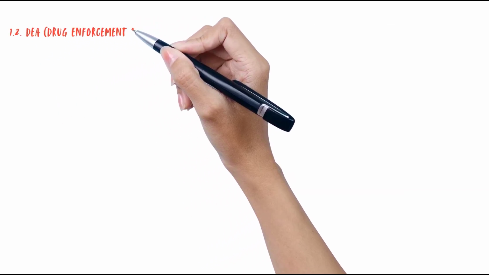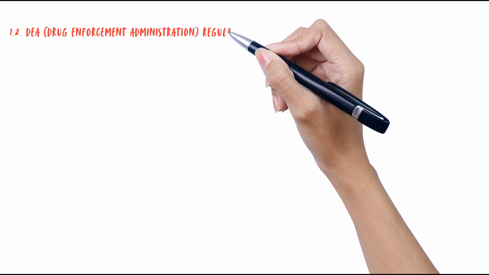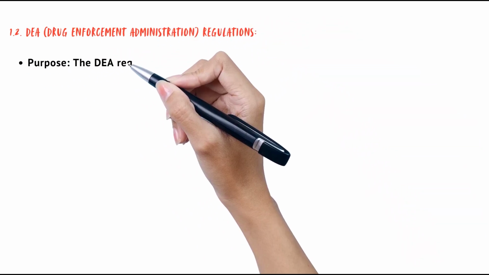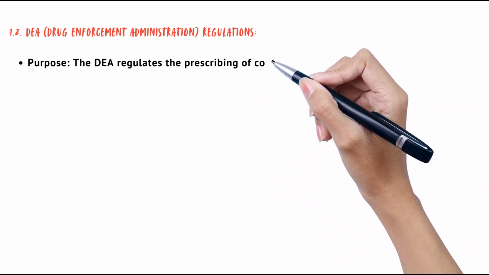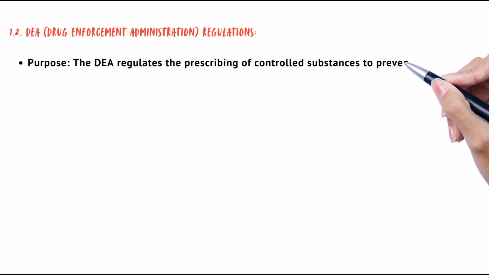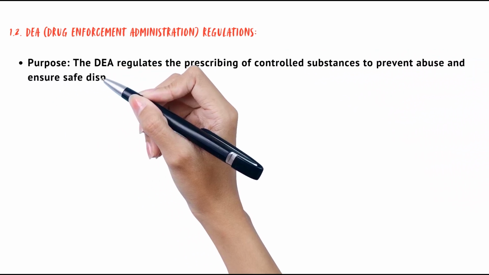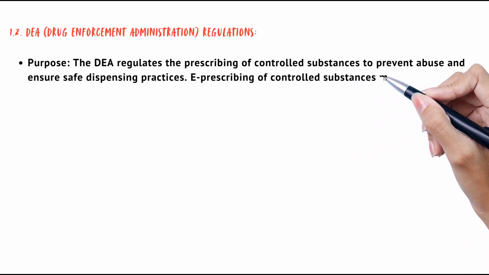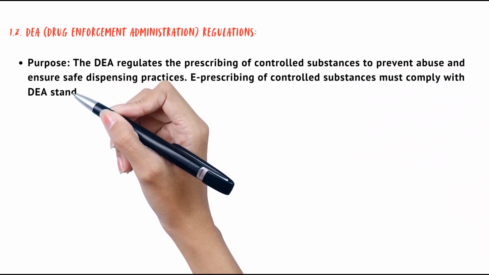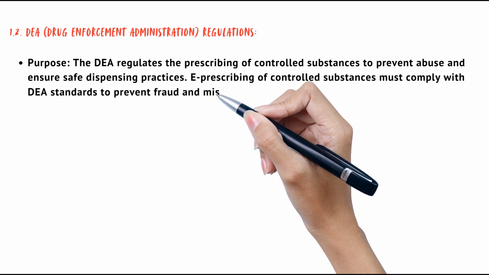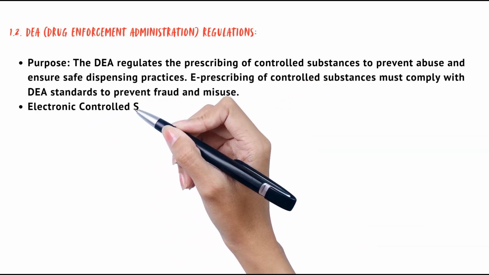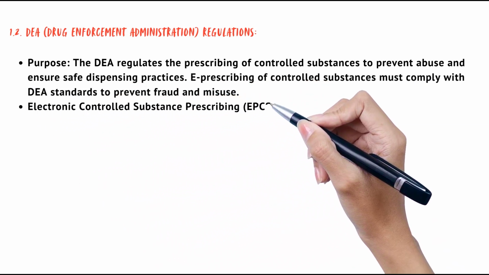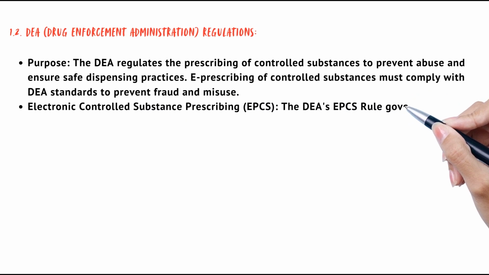1.2. DEA, Drug Enforcement Administration. Regulations. Purpose: the DEA regulates the prescribing of controlled substances to prevent abuse and ensure safe dispensing practices. E-prescribing of controlled substances must comply with DEA standards to prevent fraud and misuse. Electronic Controlled Substance Prescribing, EPCS.